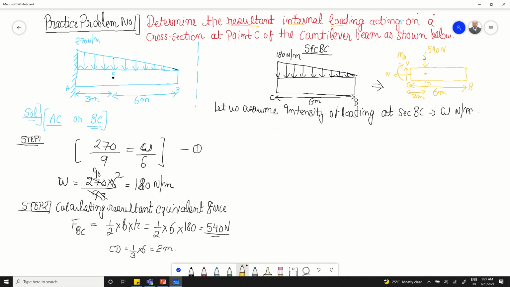So we have these three internal components of forces that we have assumed to act through C. Now let us use the equations of equilibrium to find the magnitude of these forces. Step number 3: using equations of equilibrium.